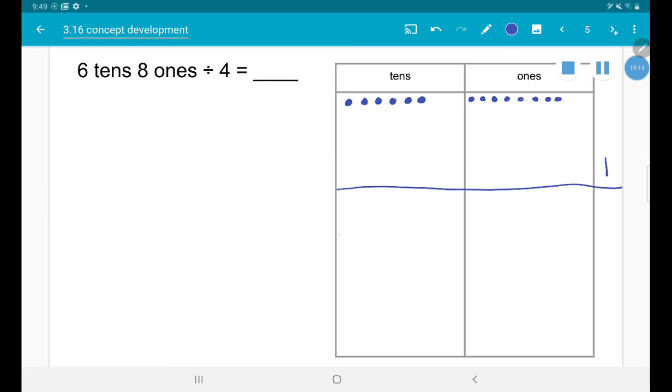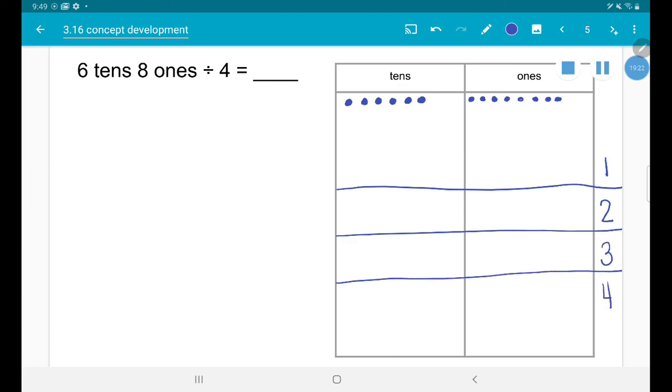Go ahead and set up your long division problem.